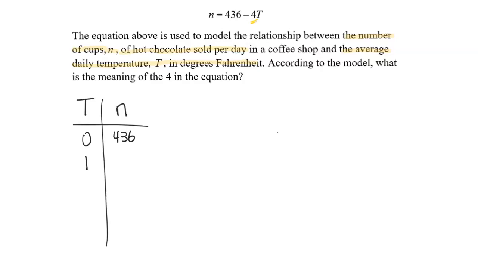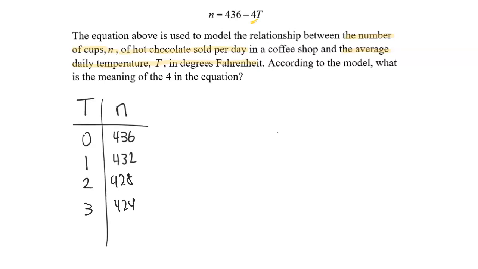If the temperature is 1, then I plug 1 in for T: 436 minus 4 times 1 is going to be 432. If I plug in 2 for capital T, then we have 4 times 2, which is 8, and 436 minus 8 is going to be 428. If you plug in 3, you would get 424.